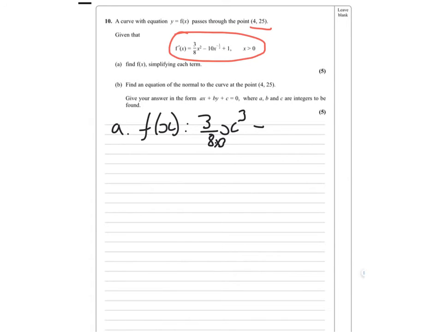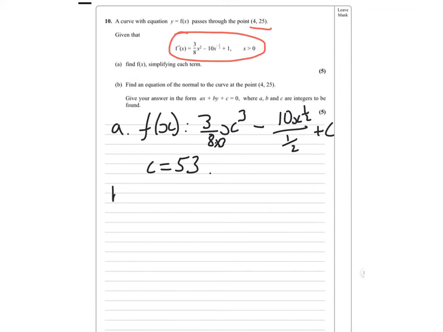Minus, we've got 10 x to the power a half over a half, plus c, and you can do the simplifying there. Should be fairly easy. And then you substitute in x equals 4 and y equals 25, and c should come out. I'll give you a clue. C equals 53, but you can do all the working.